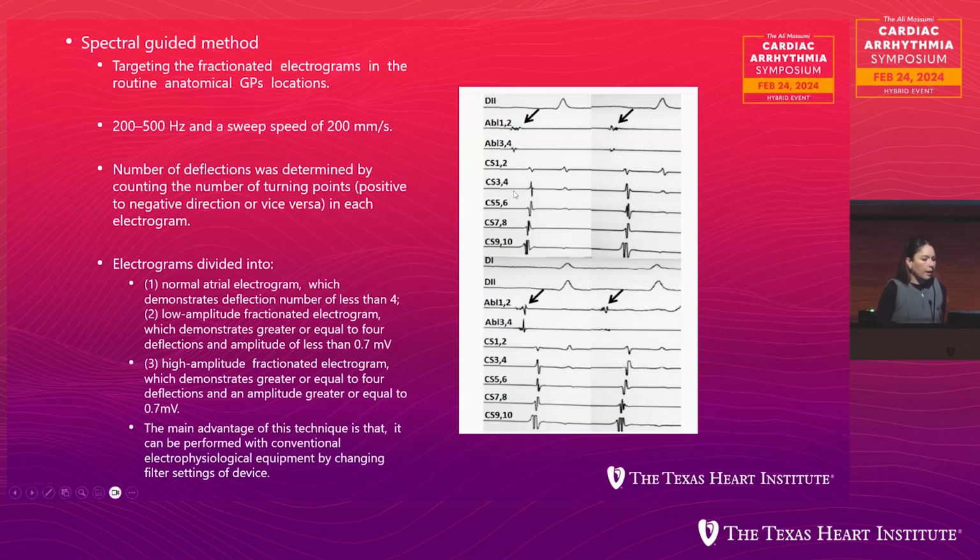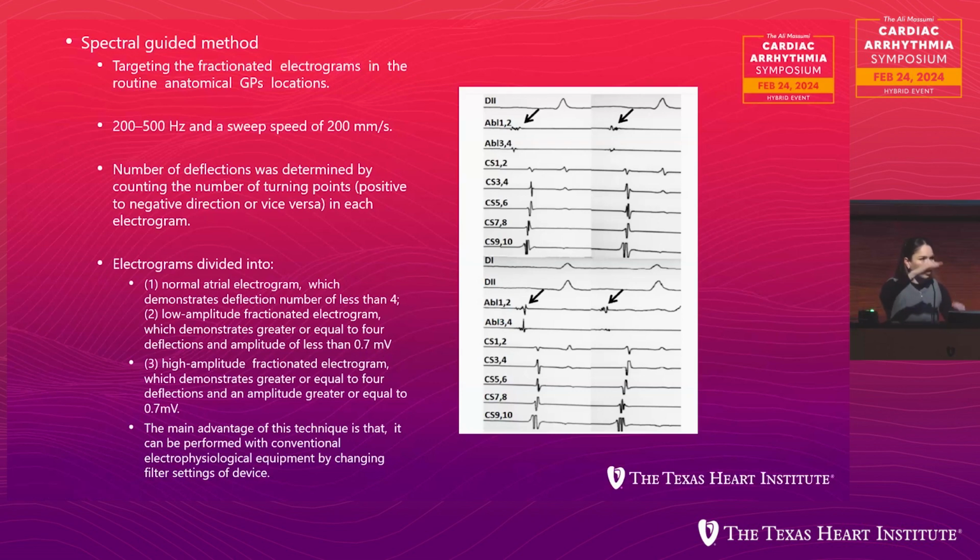You want to target fractionated signals with multiple components, anatomically where you think there are going to be GPs. Now, you can think, oh, that's a good one, but it could be scarred too. So you want to make sure, and the cutoff they looked at for the voltage, is that the voltage is higher than 0.7 millivolts.